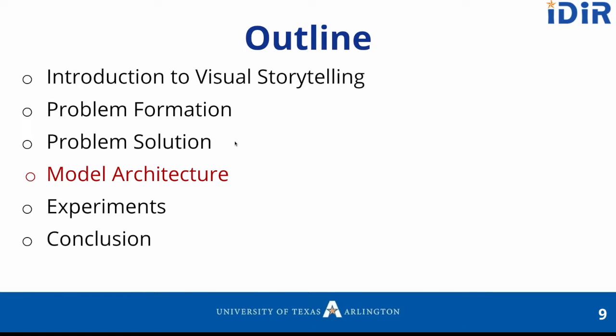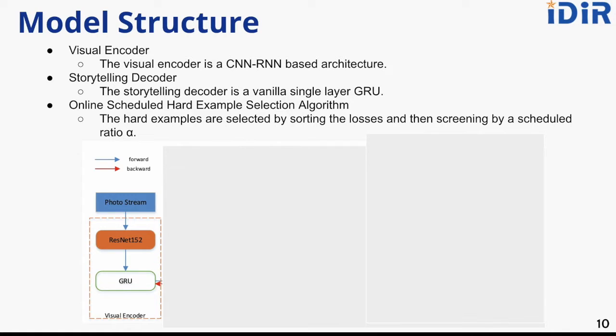And then is our model structure. Our model contains 3 components. The first is a visual encoder, then the storytelling decoder, and our online scheduled hard example selection algorithm. For the model, first, the encoder takes a photo stream as input, and then encodes the photo stream to image features, and then sends the features to the GRU.